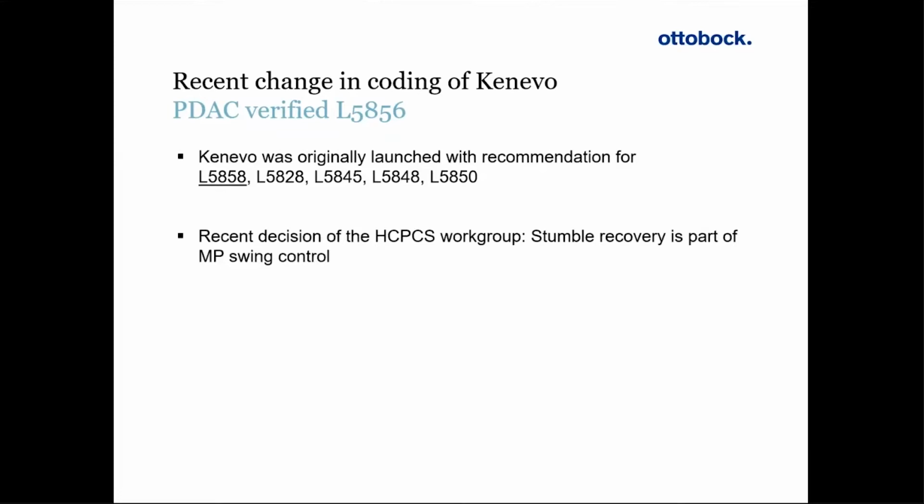So that meant that although Kenevo doesn't provide microprocessor controlled swing adaptation to variable cadence and walking speed, similar to the C-Leg, or at least in a narrower speed range, the stumble recovery feature that Kenevo has qualifies it for the L5856.